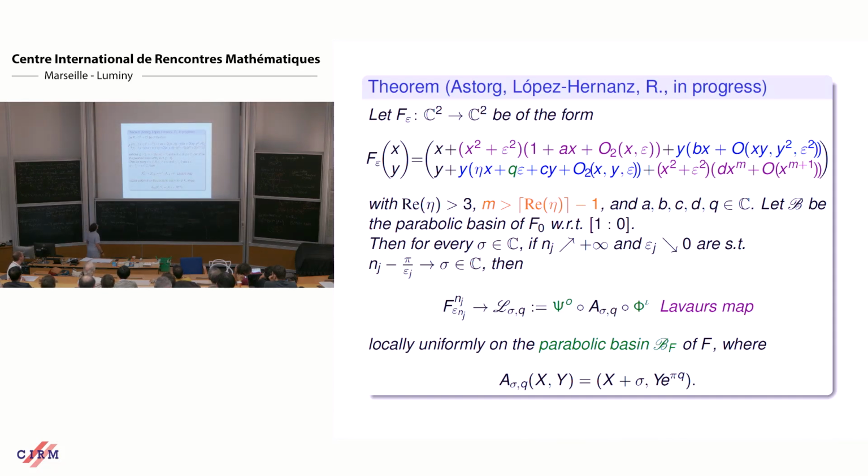So Q is, you know how it goes. When you perturb, you could have an order 1 term in the first coordinate, in epsilon. That one you can kill. But in the second coordinate, you cannot kill it. And so that's what's staying. So that's the perturbation.